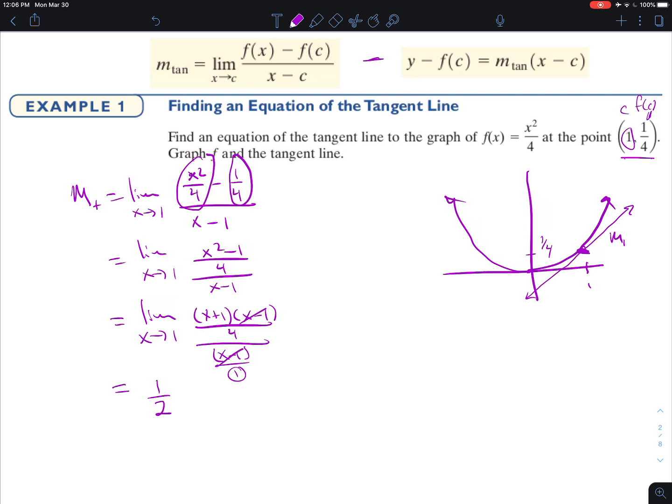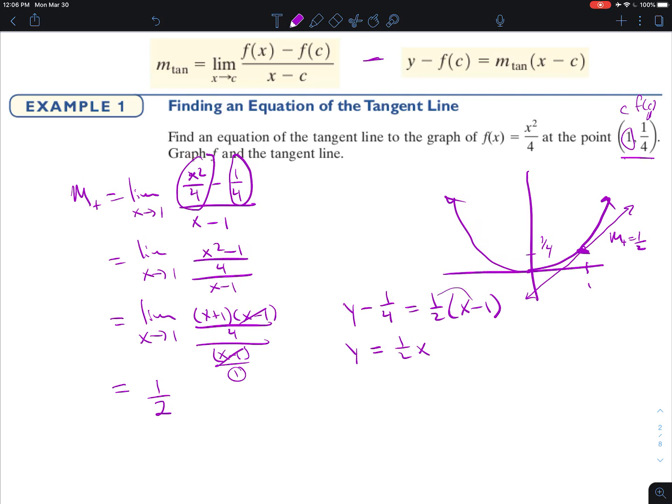So m_t equals 1/2. In order to find the equation of that line, we'll plug it into our point slope. y minus y1 equals m that we just found, x minus x1. So y equals 1/2 x.